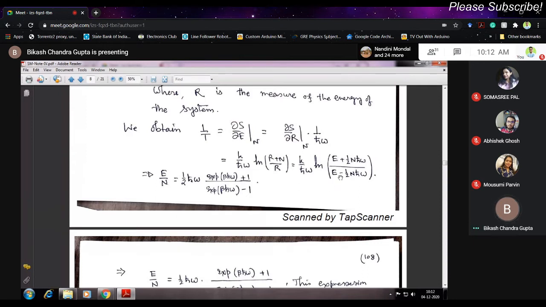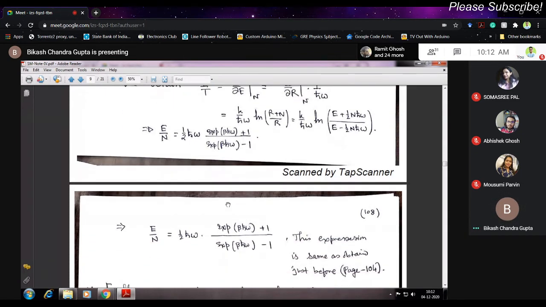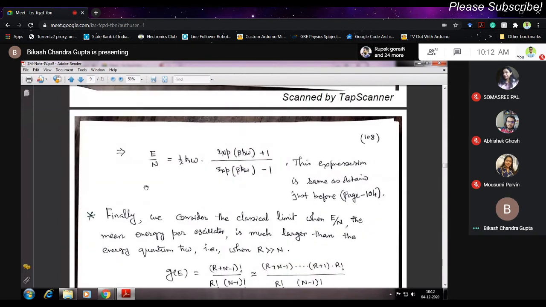Then you can simply solve for E, and you will have E by n equals half h cut omega times (e to the power beta h cut omega plus 1) by (e to the power beta h cut omega minus 1). So basically the energy per oscillator that you are getting is half h cut omega times (e to the power beta h cut omega plus 1) by (e to the power beta h cut omega minus 1). So this you obtain from the density of states, right?